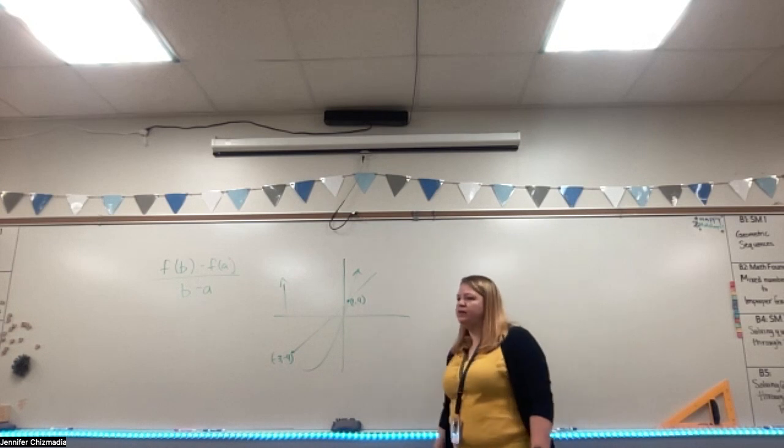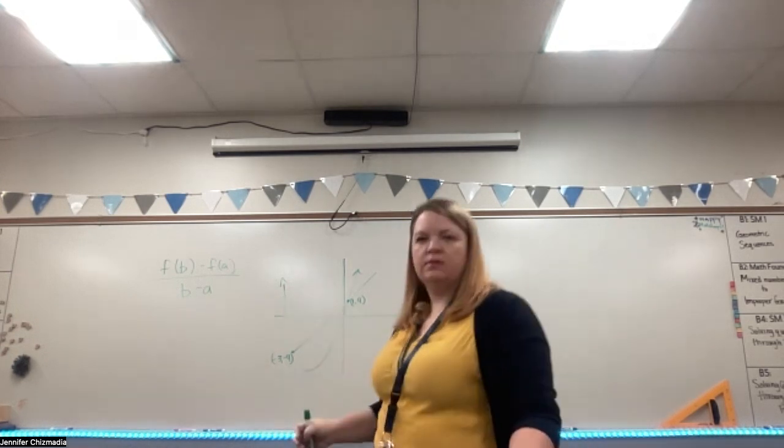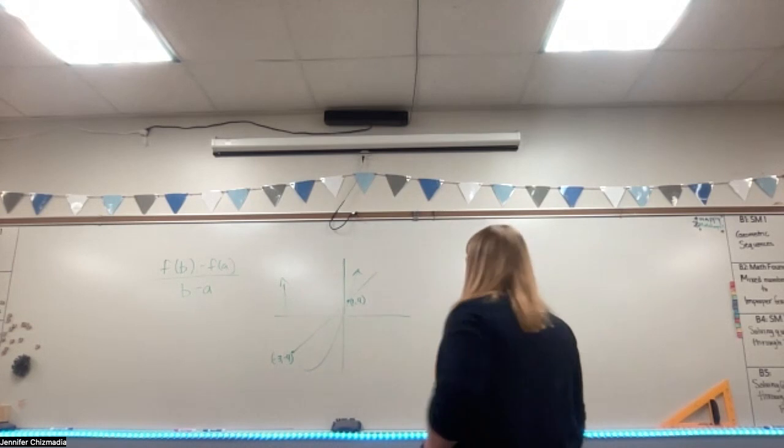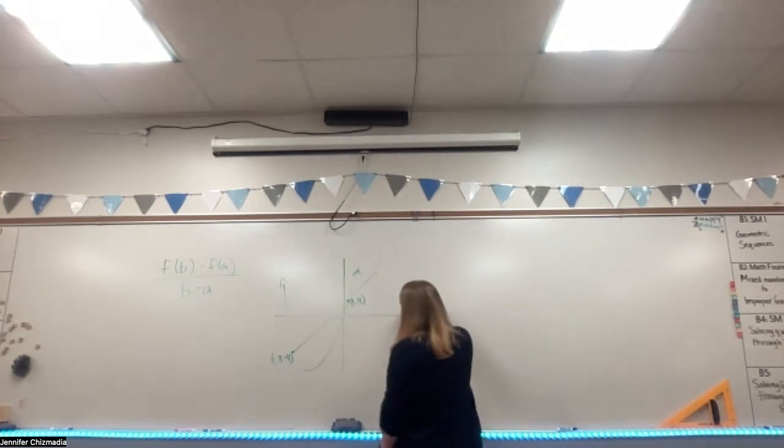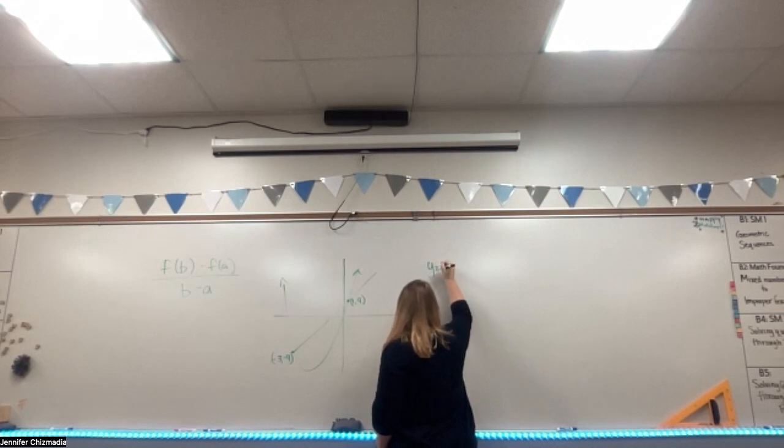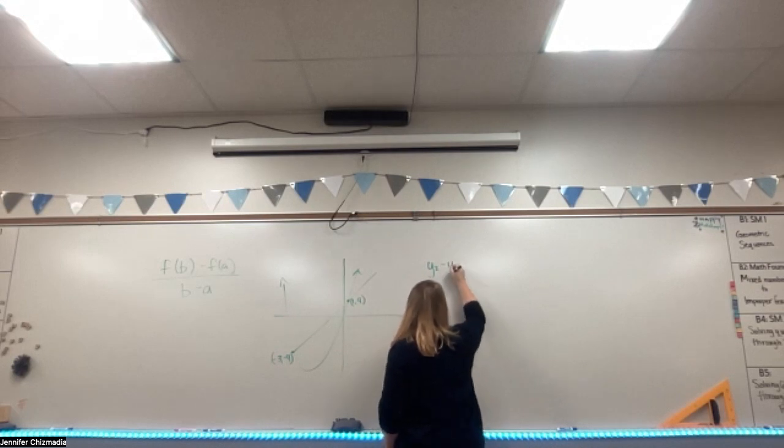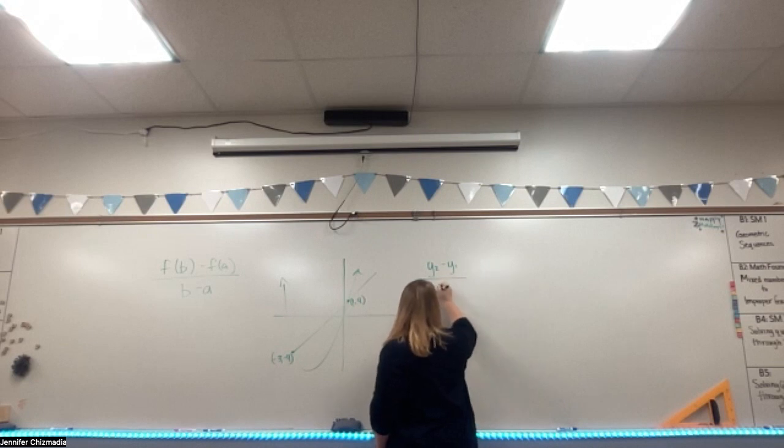Okay, how would we find the slope of a line? Do you remember? The rise over the run. It is the rise over the run. How can you find that if you don't have all the lines? The counting of the squares.